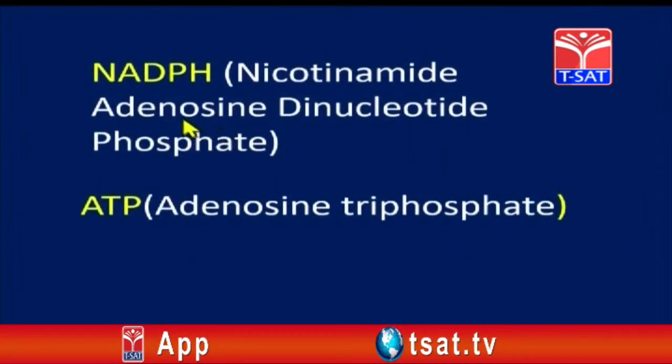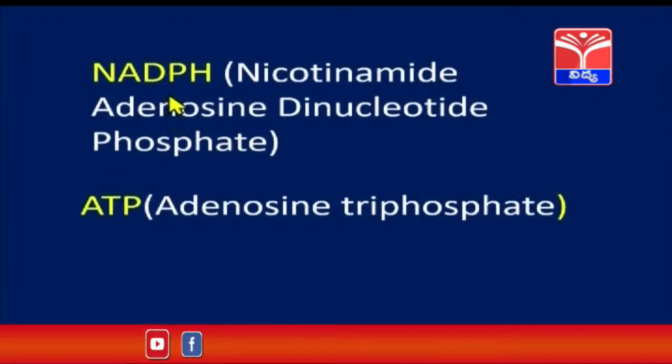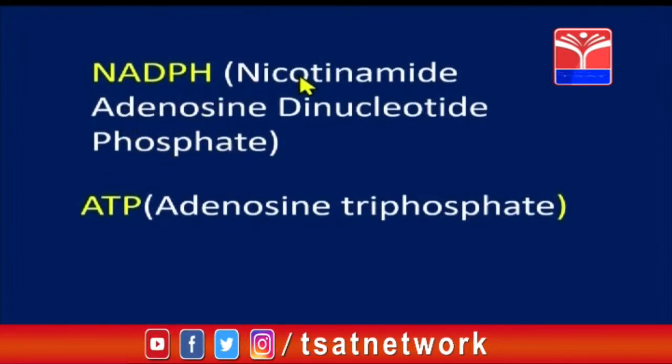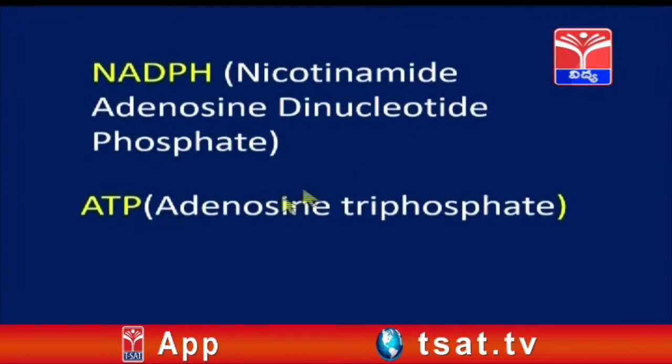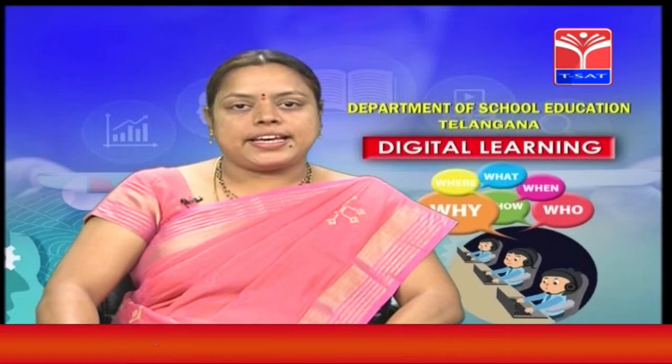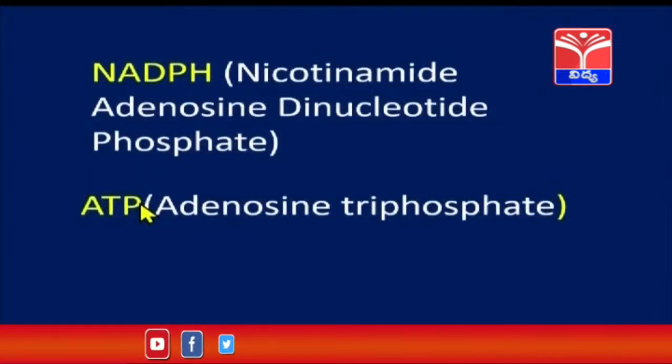Let us see the full forms once again as you are new to these terms. NADPH full form is nicotinamide adenine dinucleotide phosphate hydrogen, and ATP is adenosine triphosphate. So, children, please remember these two words, that is NADPH and ATP, as you will be coming across these terms in the further classes.